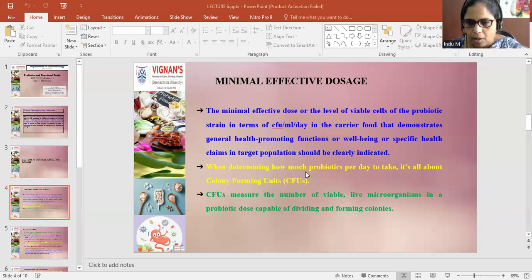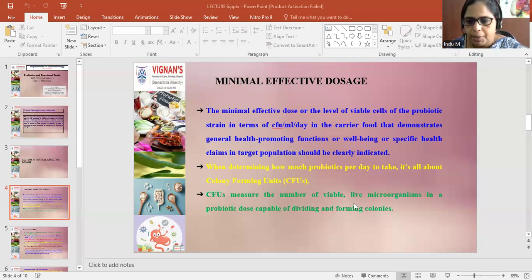When determining how much probiotics per day to take, we have to specify the specific dose in terms of colony forming units. What are colony forming units? Colony forming units are the number of viable cells present in the specific capsule.